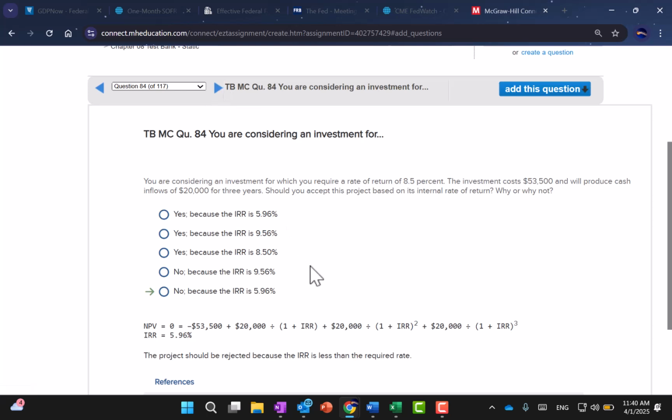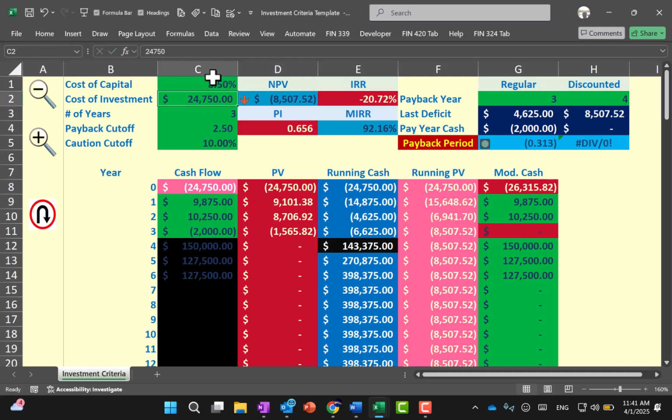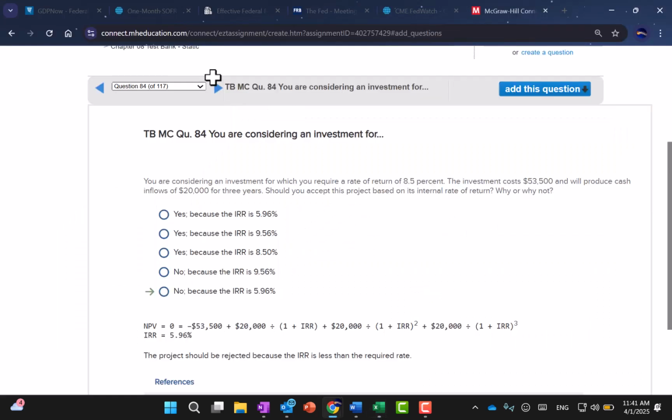Okay, we have a decision, so let's do this one. 8.5%, costs 53.5. Cash flows are 3 years of 20,000.